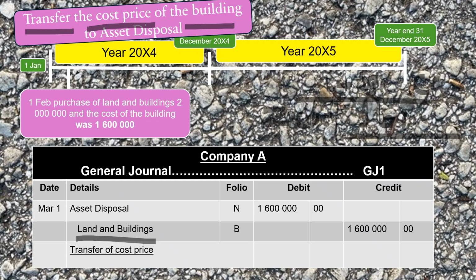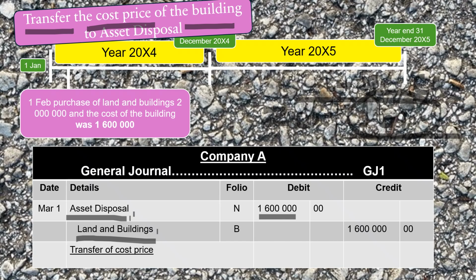And we're taking this information to an account called asset disposal. So asset disposal is debited. An asset disposal account is an account to facilitate, just to show what happened, what was the net effect we need to record in our books of this building being burnt down. So we credited land and buildings to take out the value of the building that burnt down, and we transferred it to asset disposal, where we're going to calculate whether we made a profit or loss on the burning down of the building.